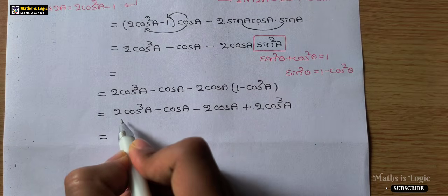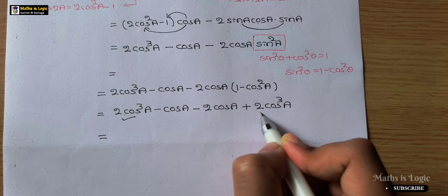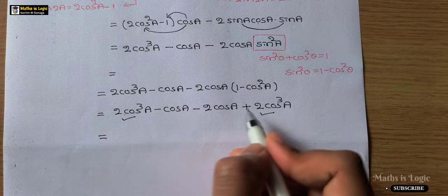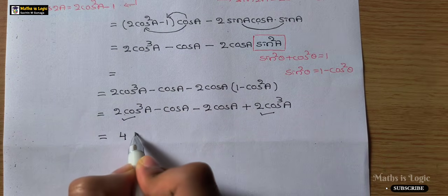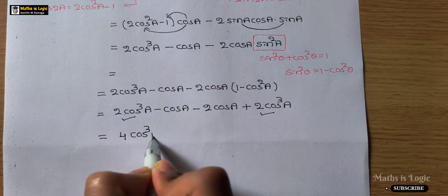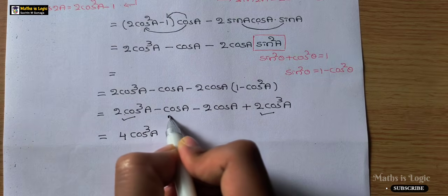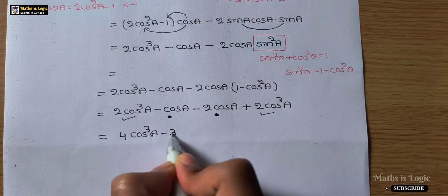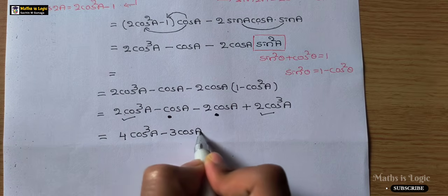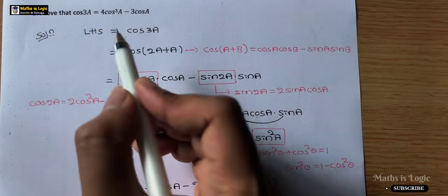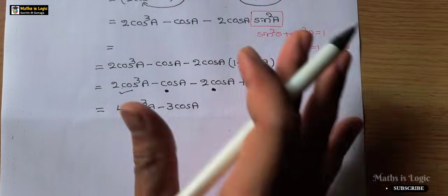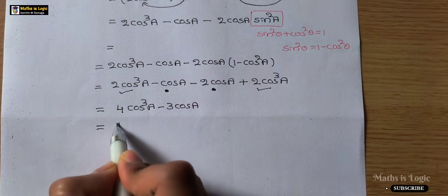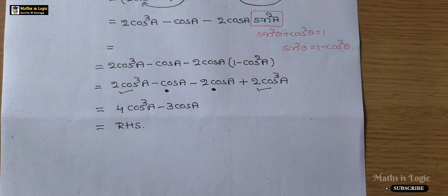So finally here 2 times cos cube, 2 plus 2 is 4 times cos cube a. Next, minus 1 times cos a minus 2 times cos a is minus 3 times cos a. So which is equal to RHS. Therefore LHS is equal to RHS.